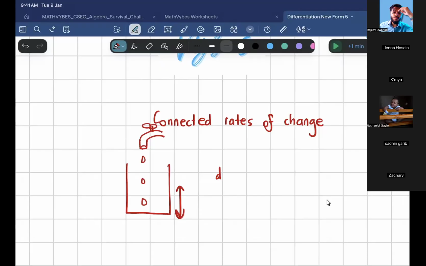It's going to increase. Exactly. So the volume is changing with respect to time. So that's something we could find, dV/dt, the change in volume with respect to time.